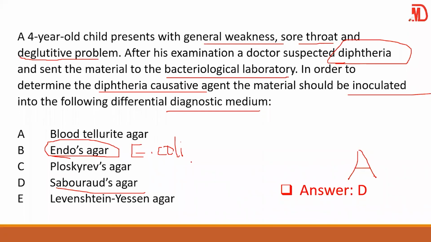And I said that how do we differentiate between them is that E. coli will produce a color, while Salmonella is colorless. Thank you.